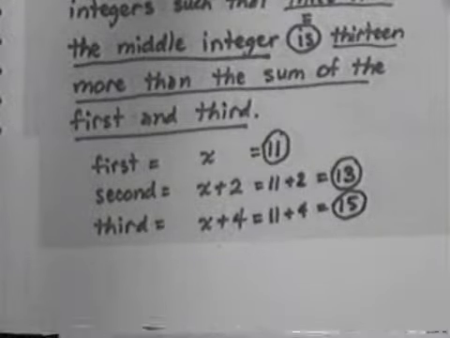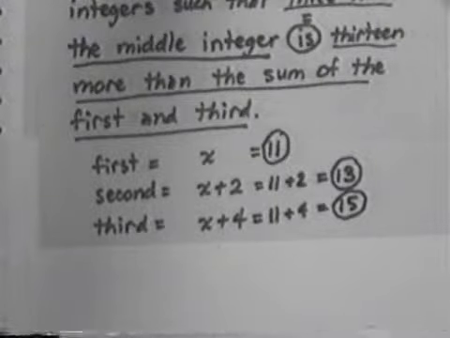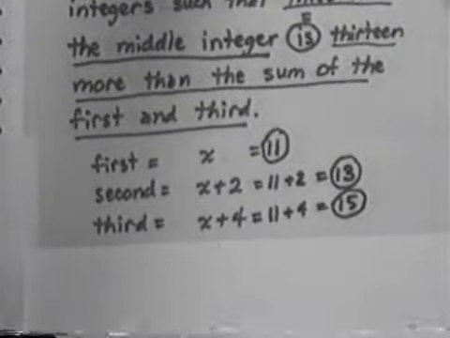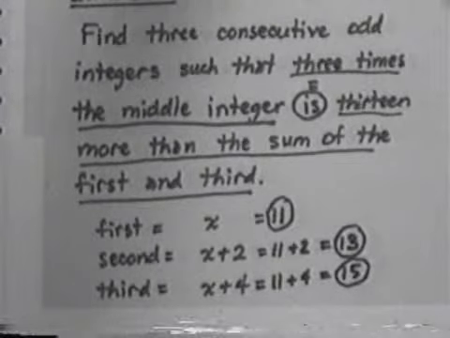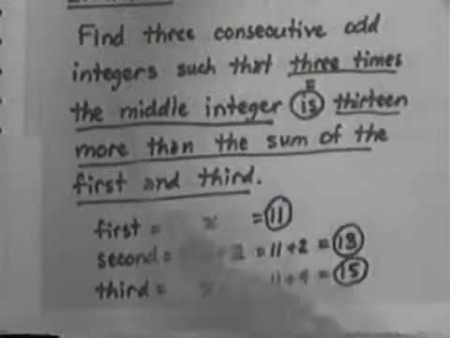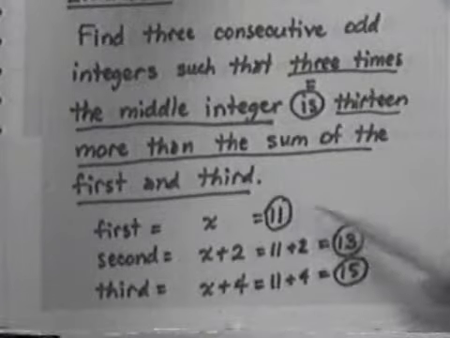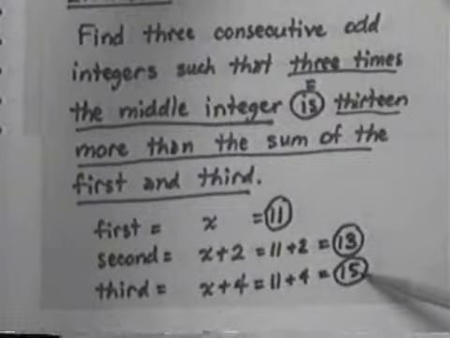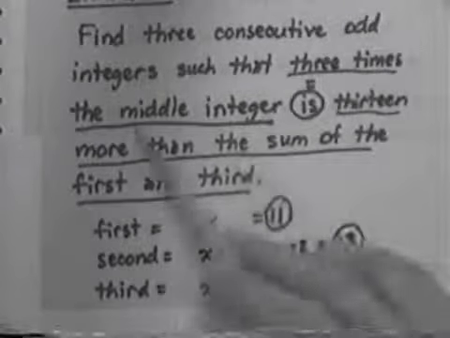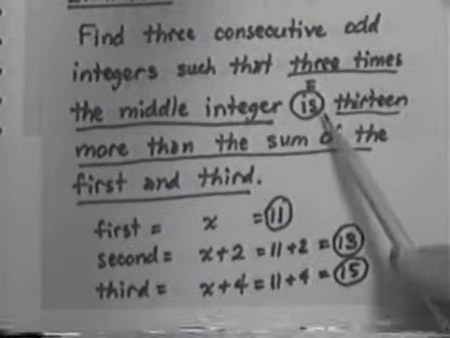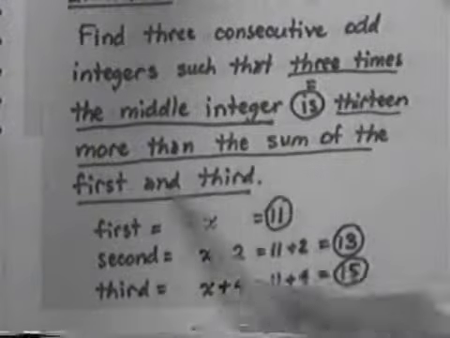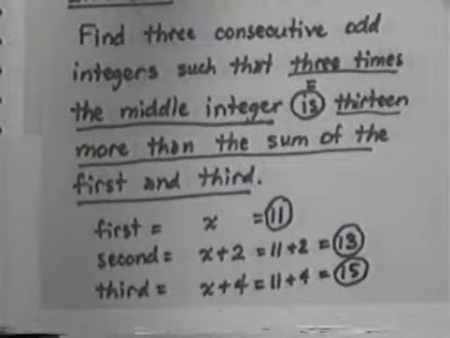Now to check these, we must be sure that, first of all, they satisfy the words that we began with. Find 3 consecutive odd integers. Are these consecutive odd integers? 11, 13, and 15. Yes. Then 3 times the middle integer must be the same as 13 more than the sum of the first and third.